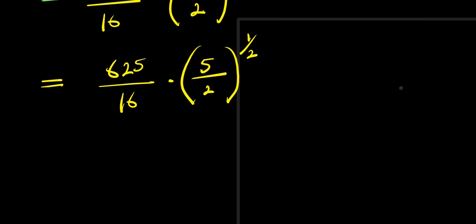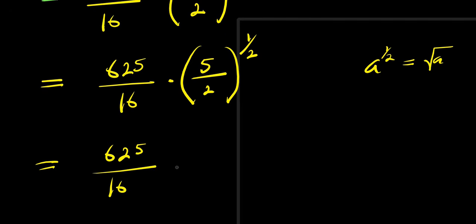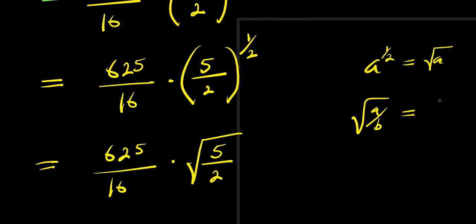Now, like I said earlier on, if you have a power 1 over 2, this equals square root of a. So we are going to have 625 divided by 16 times square root of 5 over 2. And remember, if you have square root of a over b, this equals square root of a divided by square root of b.